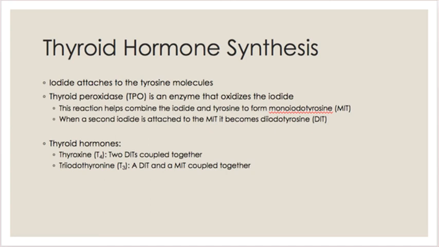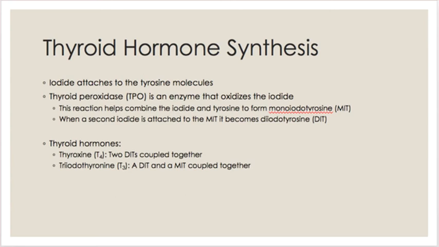When a second iodide is attached to the MIT, it becomes diiodotyrosine. This is important to know because when you look at the thyroid hormones, thyroxine, or T4, is actually two diiodotyrosines coupled together. That's why it's called T4.